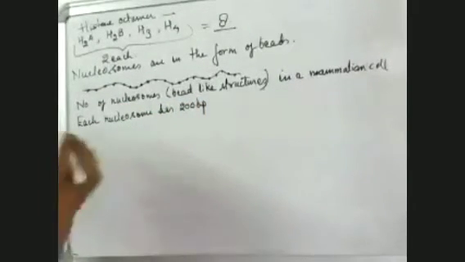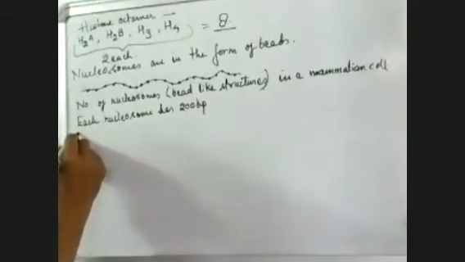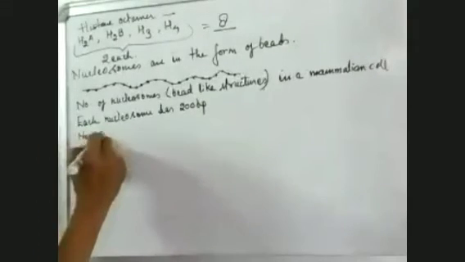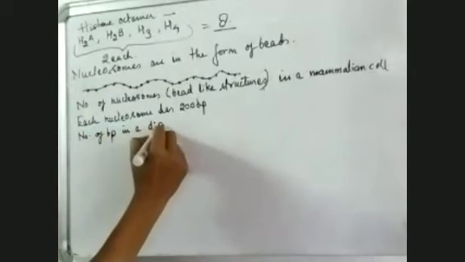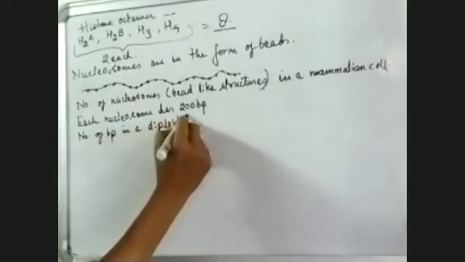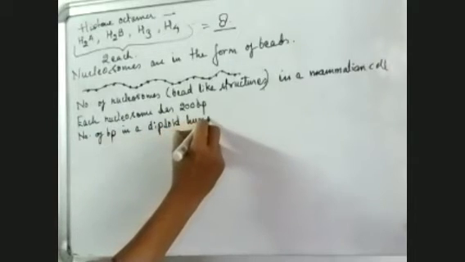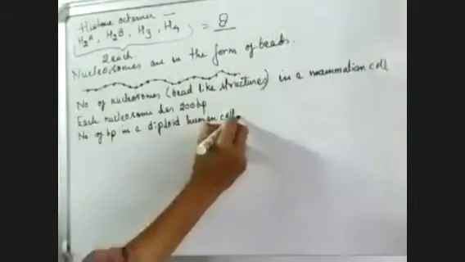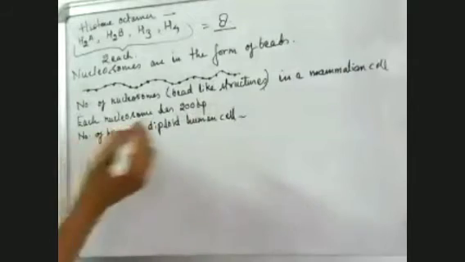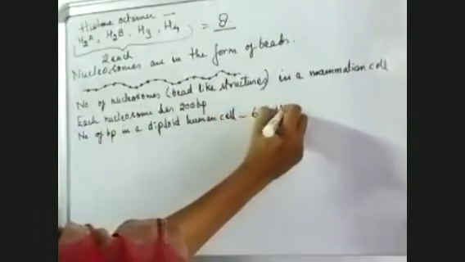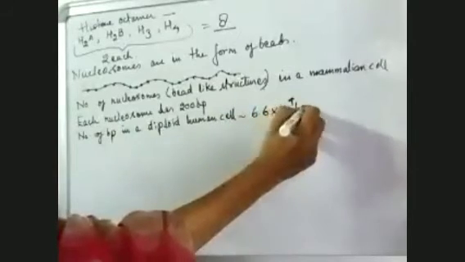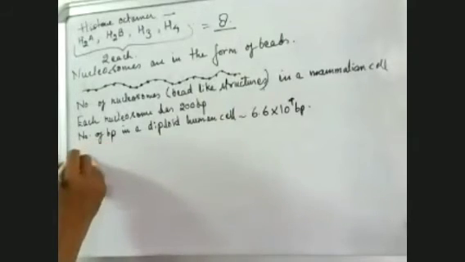And the number of base pairs in a diploid human cell is 6.6 into 10 raised to power 9 base pairs. So this we know. Now, the number of nucleosomes in a mammalian cell, we have to find out.